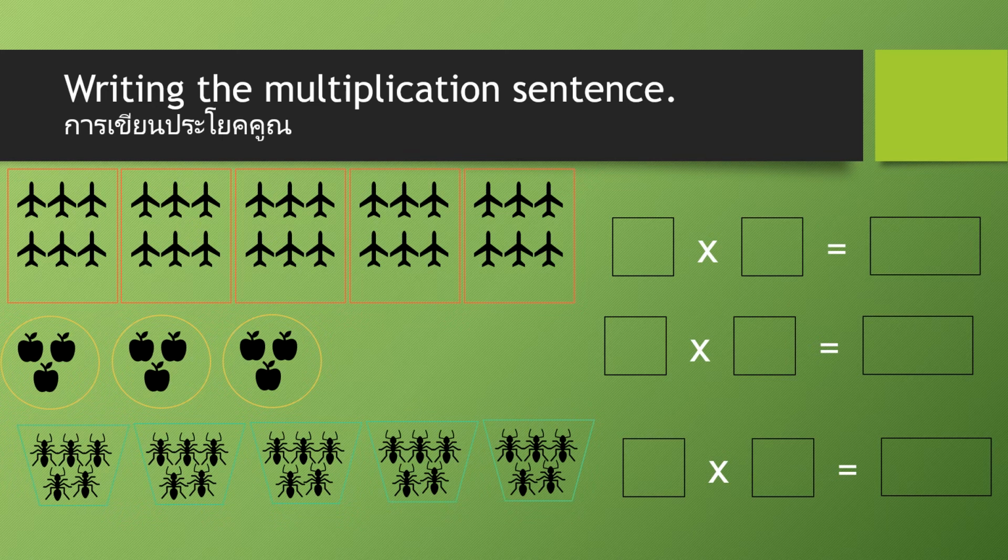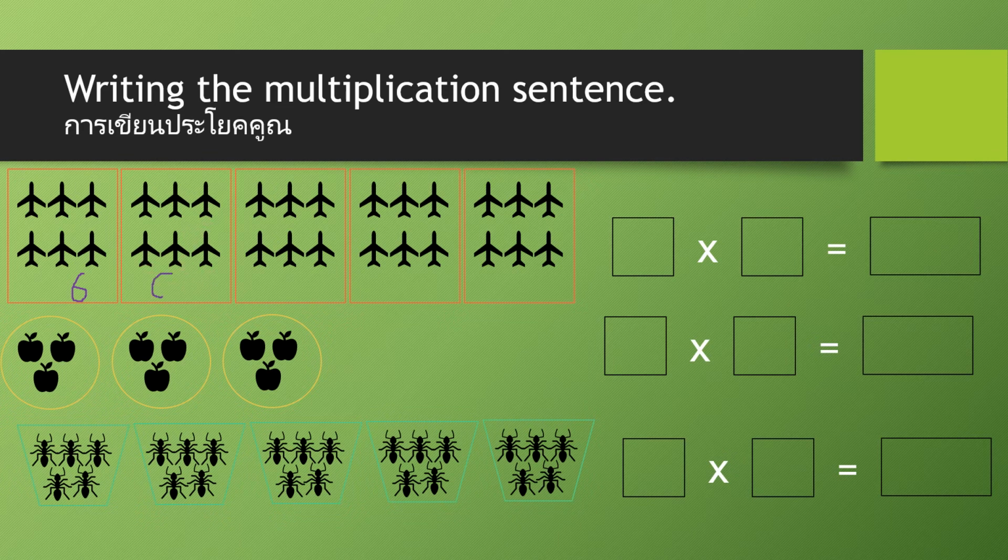In this box, how many airplanes do we have? 1, 2, 3, 4, 5, 6. We have 6 airplanes. How many airplanes do we have in this box? 1, 2, 3, 4, 5, 6.